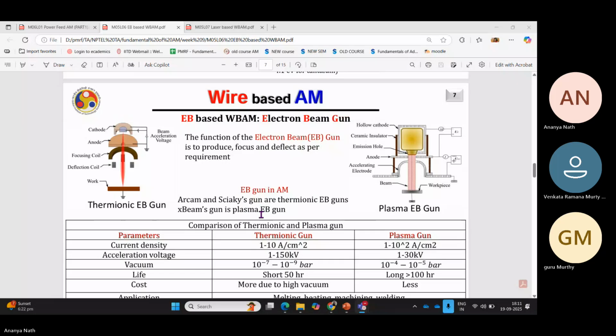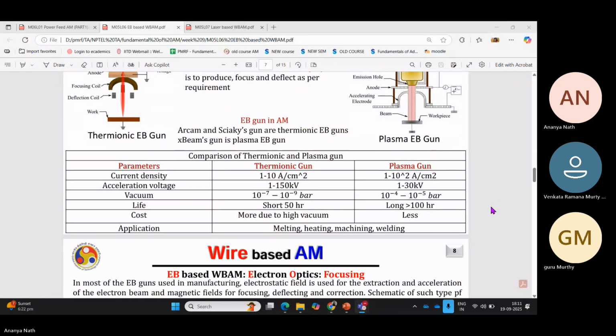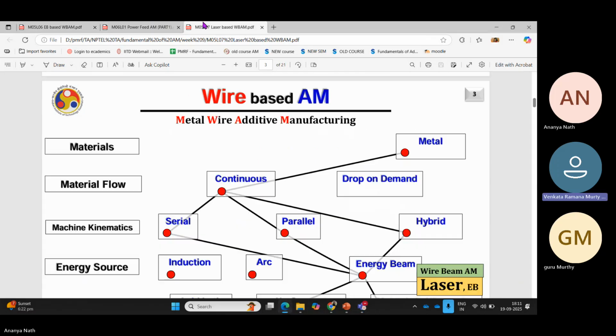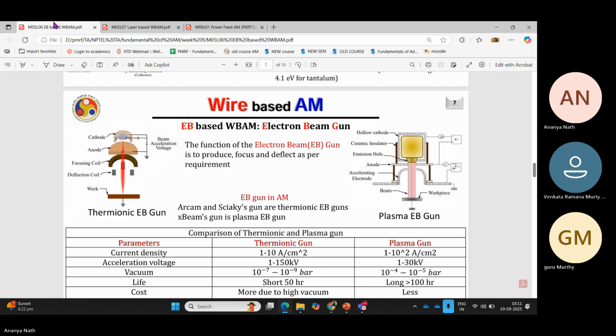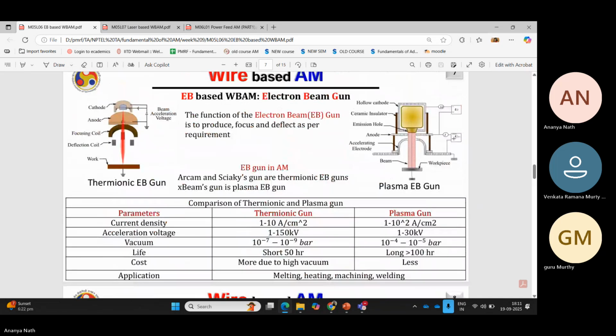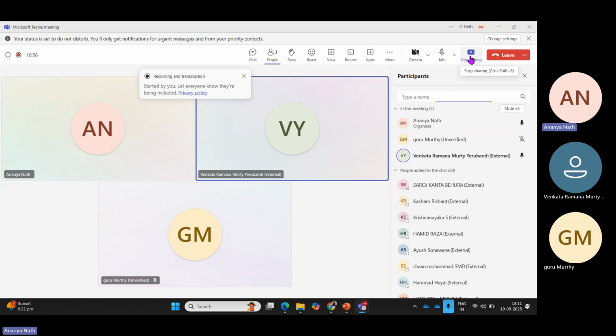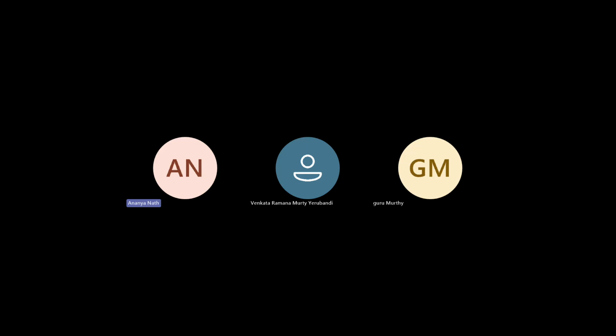Now, is it visible? No, only a dark screen we are able to see. Maybe a little network issue. I'll stop sharing and then I'll share it again.